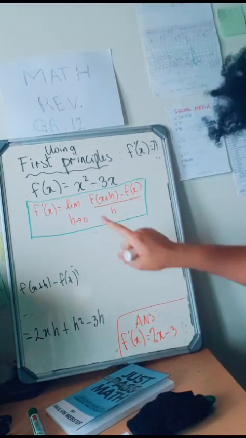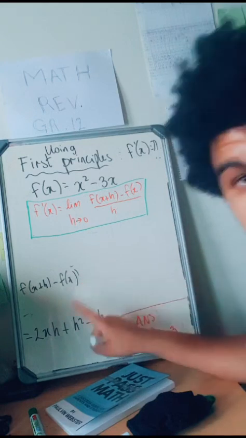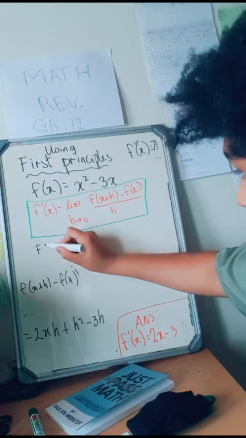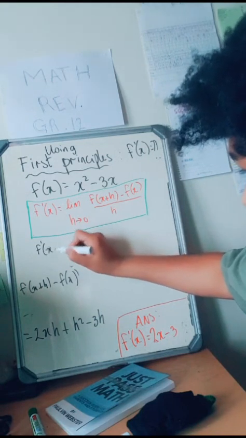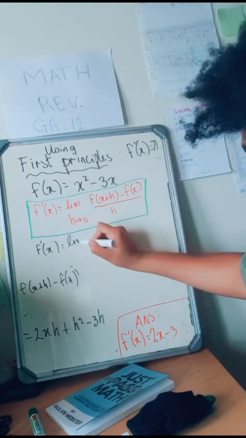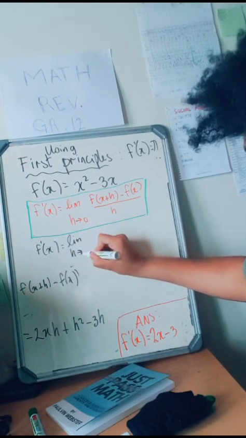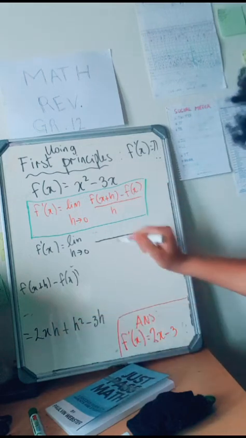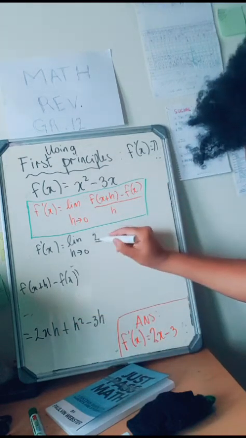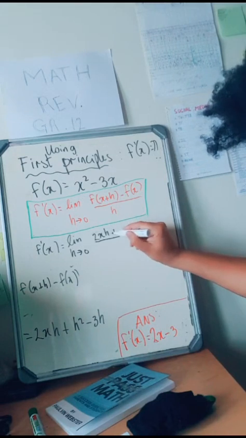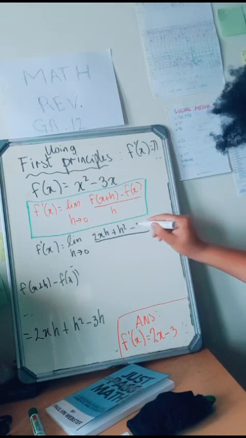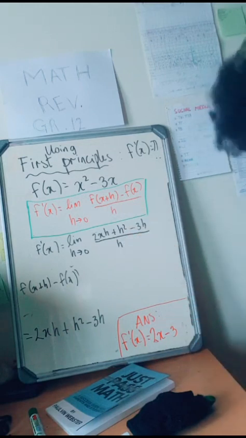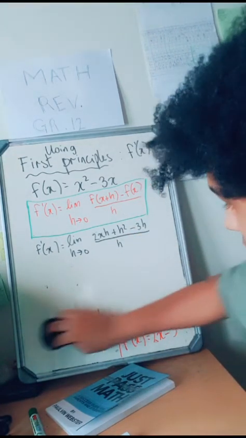Then all it says is we just need to plug this in there. So it's going to give us f prime of x is equal to the limit as h goes to 0 of, and we already calculated it, 2xh plus h squared minus 3h over h. Okay, cool. Let's remove this.